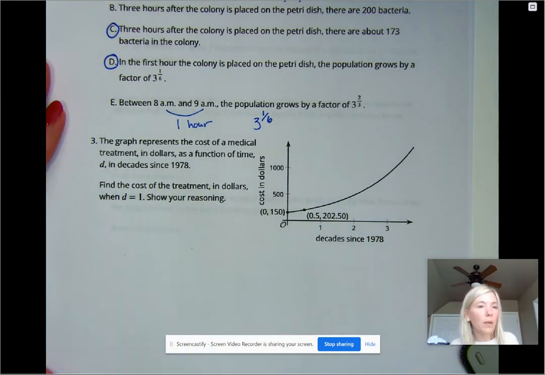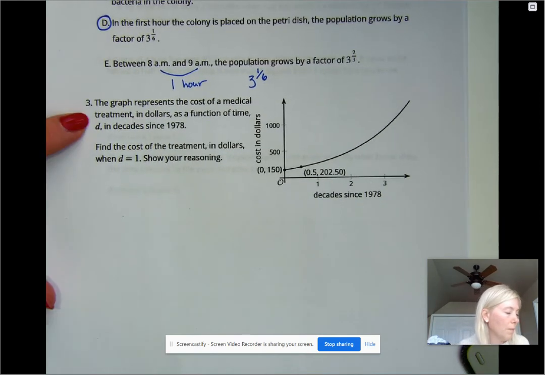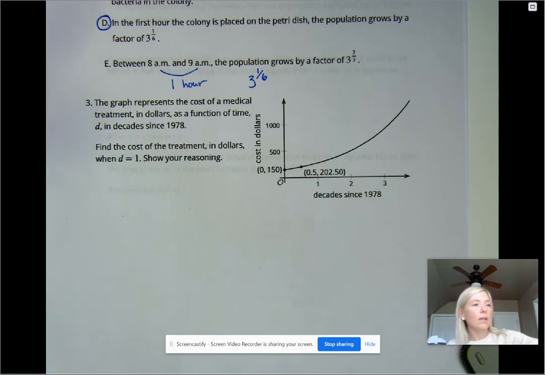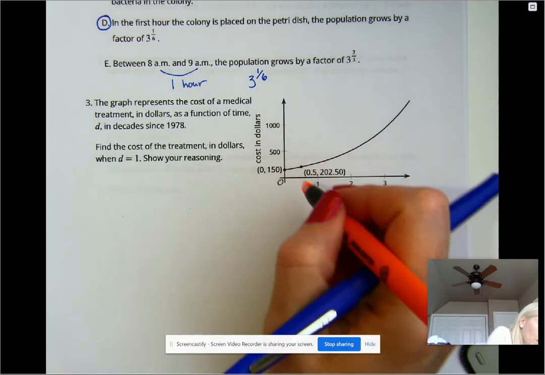All right, number 3. So the graph represents the cost of a medical treatment in dollars as a function of time D in decades since 1978. Find the cost of the treatment in dollars when D equals 1 and show your reasoning. So what I notice here is that I have information for when D is 0 and when D is 0.5.